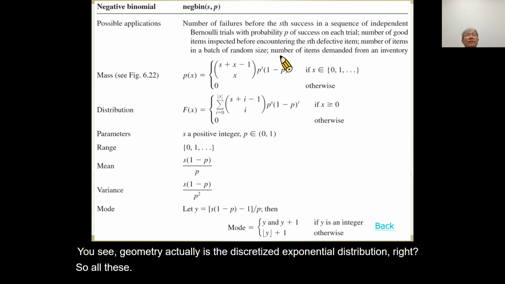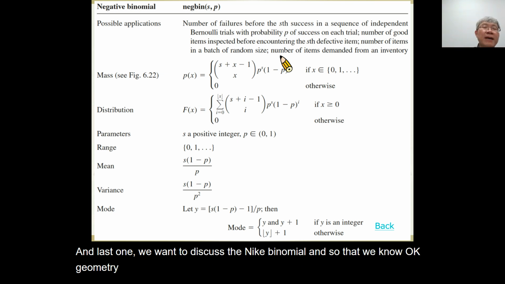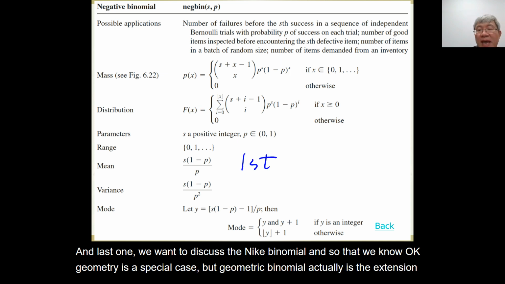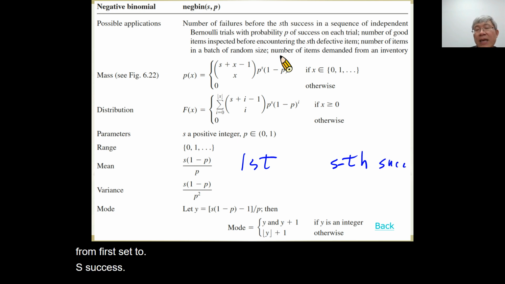Next, we want to discuss the negative binomial. We know geometry is a special case, but negative binomial is the extension from the first success to S successes, counting the number of failures, or the number of failures plus the success.